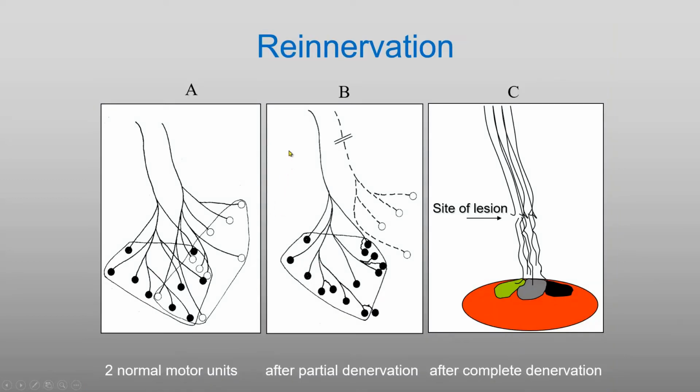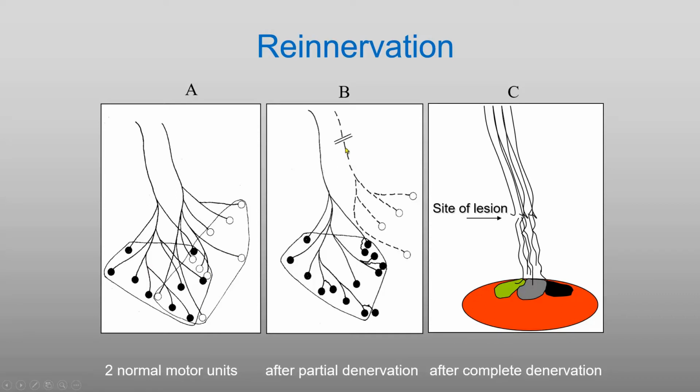Then we have the other situation, namely reinnervation. Here are two motor unit territories, one here, one here, and the fibers are partially mixed with each other in this area.